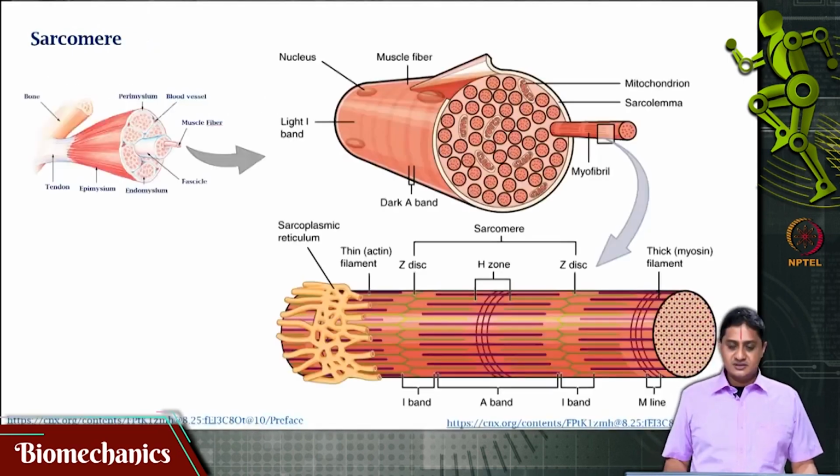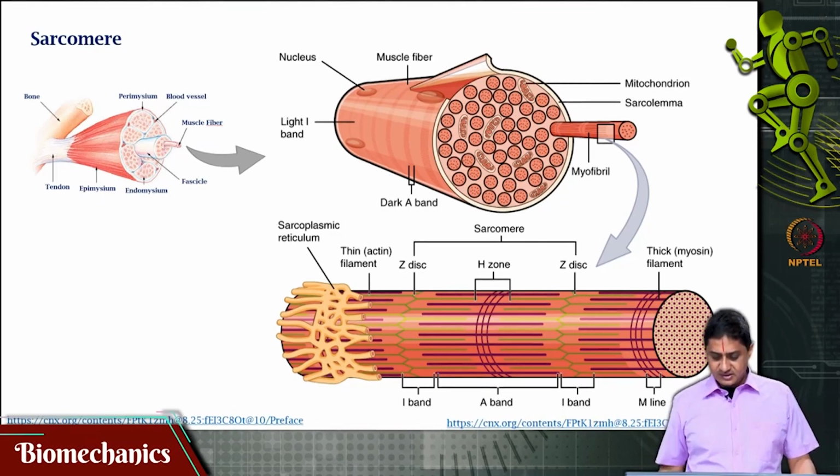So, we continue our discussion on muscles and the hierarchical arrangement of muscles. If you take a muscle fiber and view it under a light microscope, you will find these thick bands.